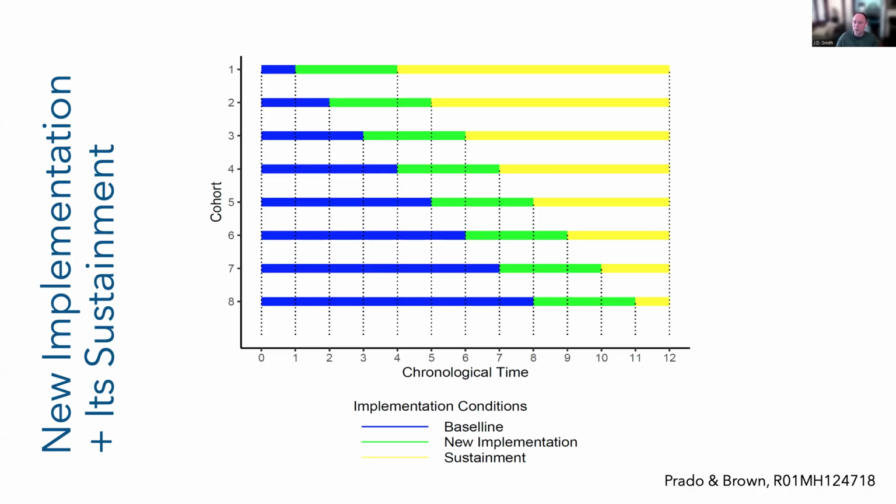There was an implementation strategy that was done for 4 months across each of these different clinical sites or cohorts. And then that implementation support that was provided by the university was withdrawn. And there's a period of sustainment to see if the implementation success that was achieved during the green period persisted or whether it waned.